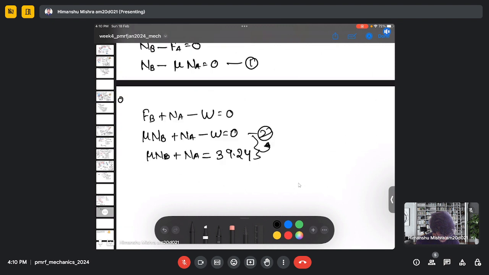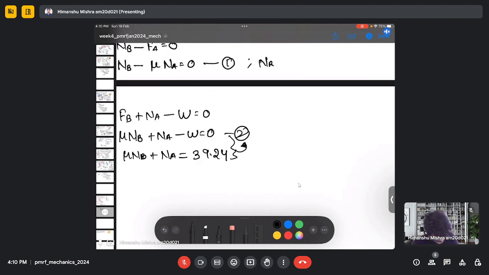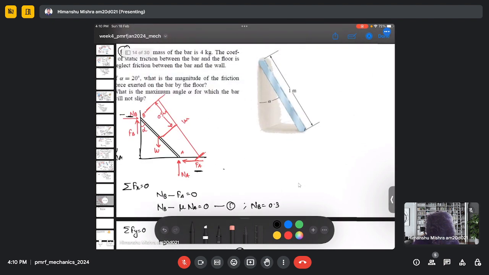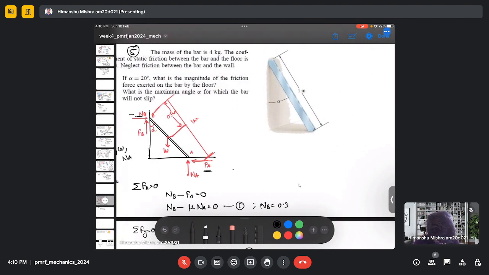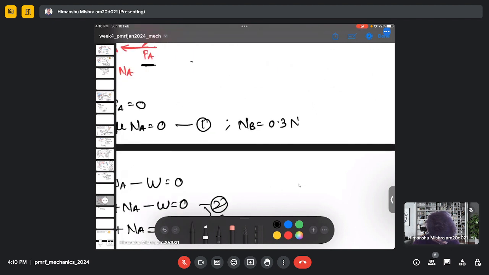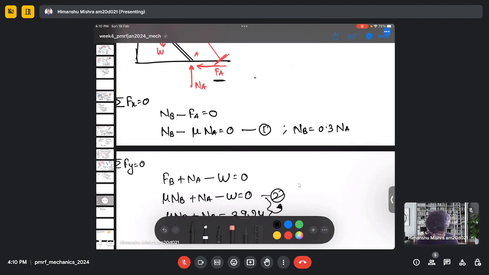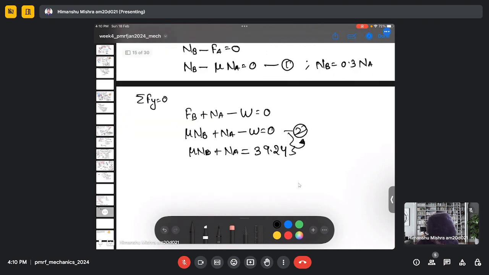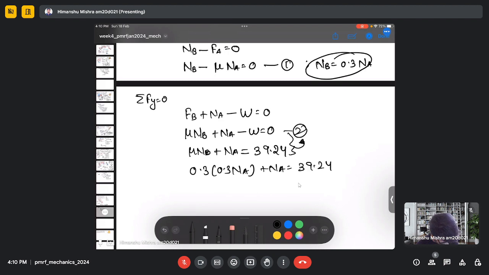So from equation 1 I can write NB as 0.3 NA. So when I apply this expression in equation 2, I can write 0.3 NA plus NA equals 39.24.